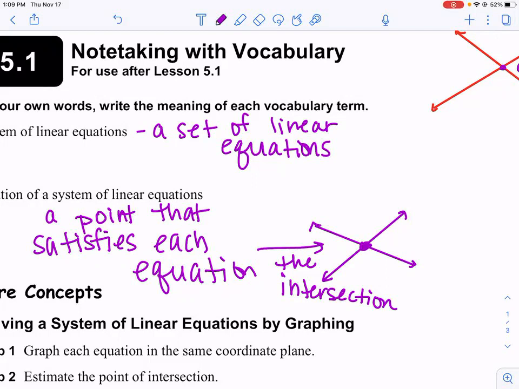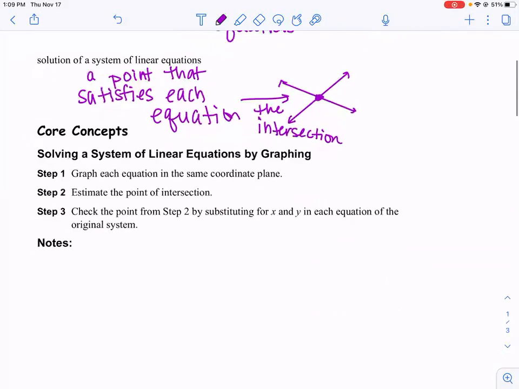Well, today we're actually going to find it. We're going to graph and find the intersection point. And where those two lines intersect, that is our solution, because that one point is going to work in both linear equations.